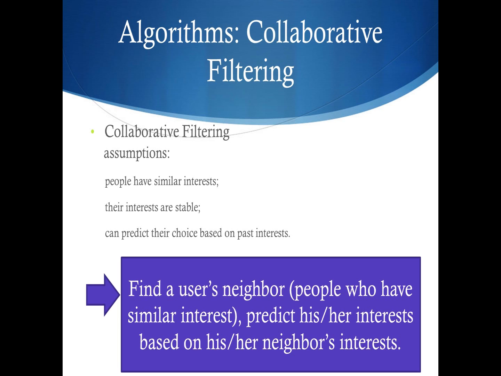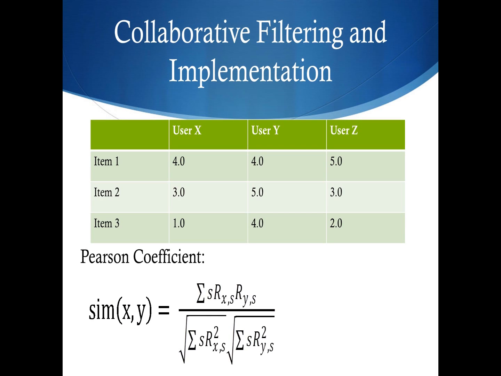So this algorithm generally works by finding a user's neighbors. So how do we find this? This is a simple implementation called Pearson coefficients.